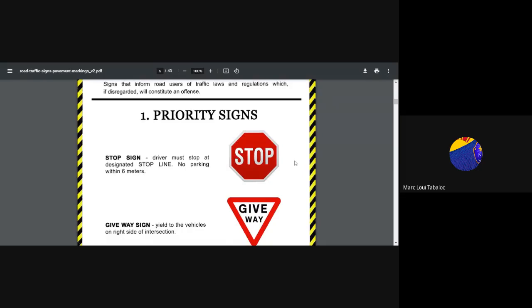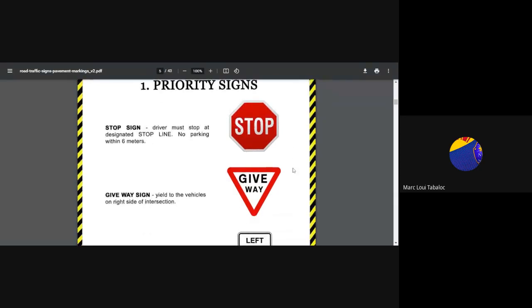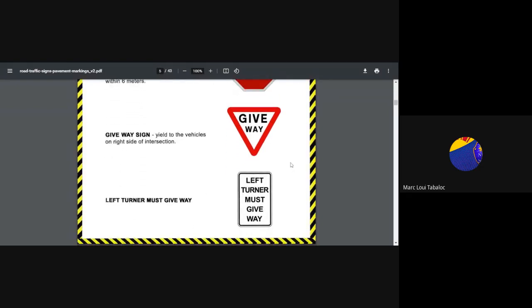For example, a stop sign. Ayan. Or no parking. Give way. Yan, di ba may iba't ibang shapes. Yan, may equilateral na octagon. Meron silang equilateral triangle. Ayan. And yung rectangular na signs.